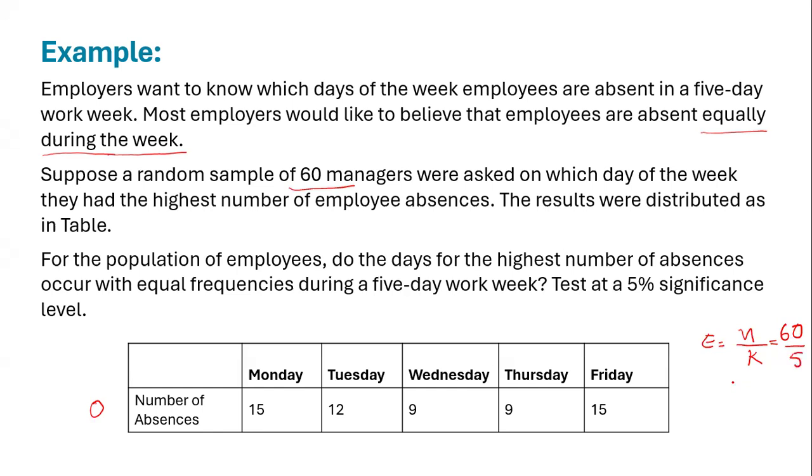If I divide 60 by 5, I will get 12 for the expected frequency. It means that the expected frequency for all categories is 12.